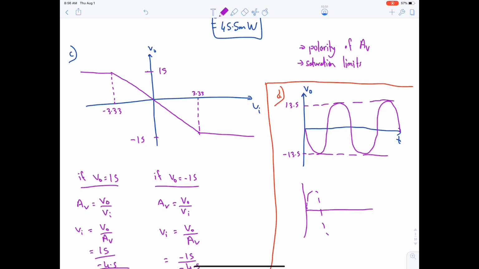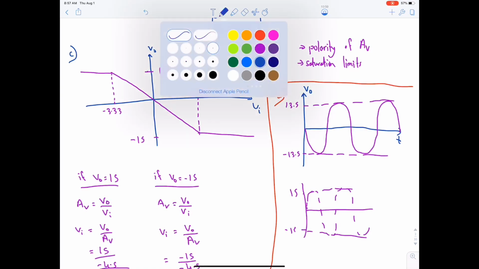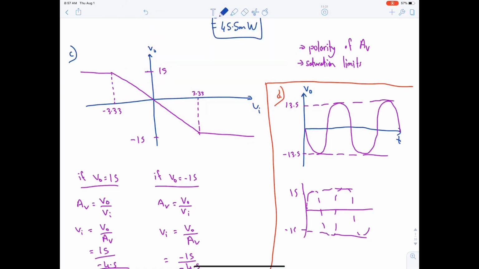For example, if this is the saturation limit, 15 and minus 15, then your answer will be like this. Sorry, it won't be like that. It will saturate on 15 itself.